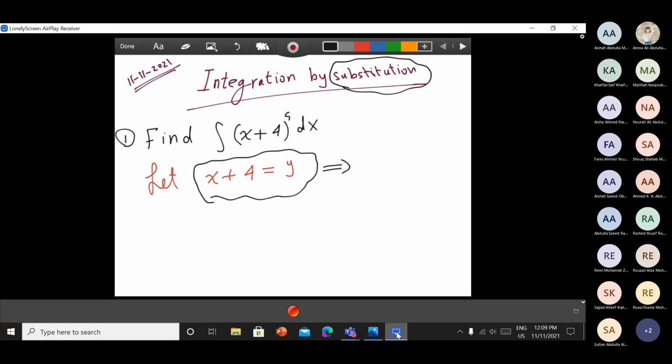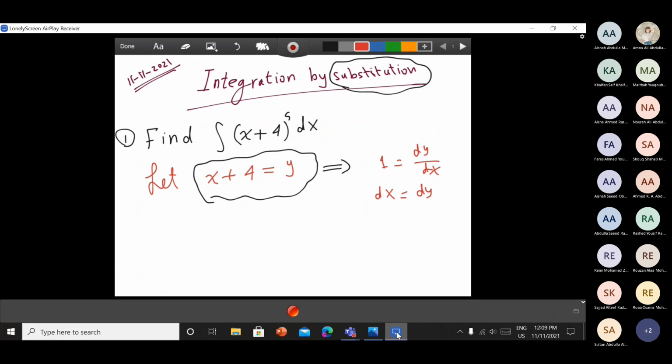Okay, so if you differentiate y, you have dy by dx equal to what? The derivative of x is 1. The derivative of 4 is 0 because it is constant, right? Now, dy will equal, when I'm multiplying like that, dx.